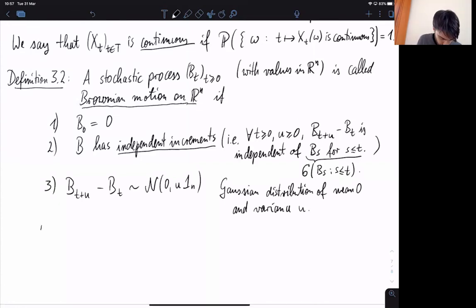And then the fourth condition is that B is continuous, so almost surely all paths are continuous.